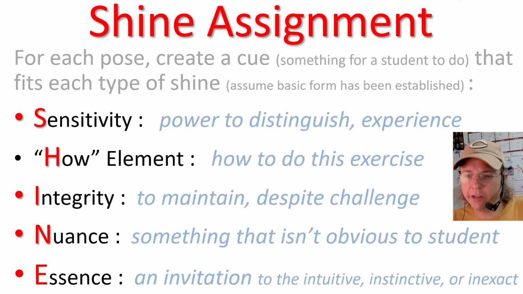That'll give you shine elements. But what I want to do here is cue your brain with a variety or an ecology of shine elements so that it can accomplish a couple things. One is perhaps it'll help you think of things that you wouldn't otherwise think of.